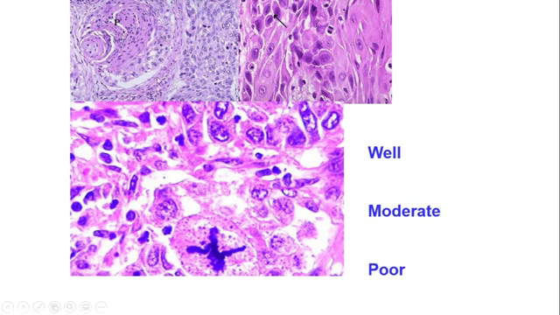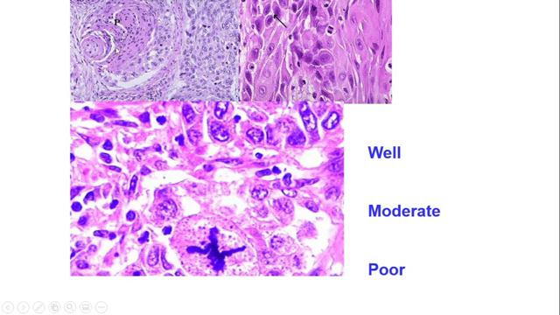Here in squamous cell epithelium, the feature of well differentiation is the keratin pearl, or keratin production, as in this picture: concentric lamellated hypocellular, eosinophilic extracellular material.